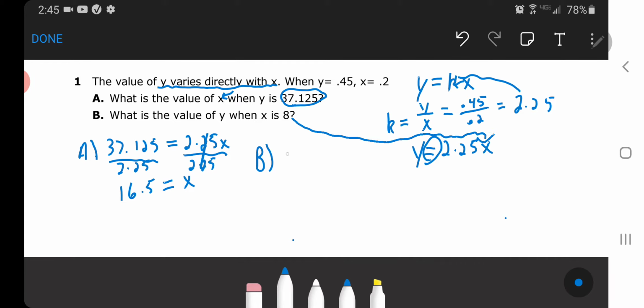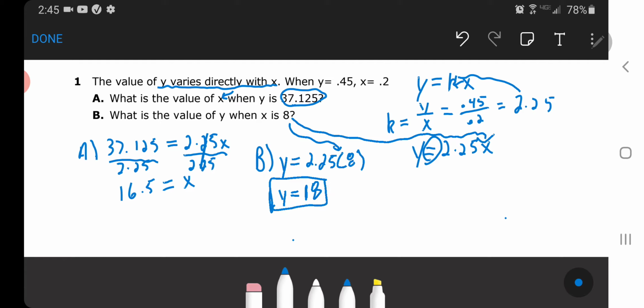So we're going to take y equals 2.25 and plug in that 8 for the x value. So, of course, 2.25 times 8, we get 18. So that answers part B for us. So there's our answers. When x is 8, y is 18.